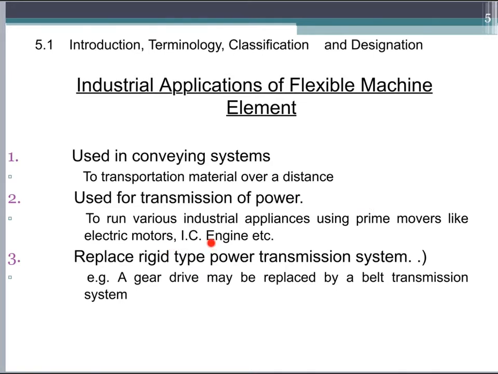Third, we can use flexible machine element to replace, improve, repair or modify a rigid type of power transmission. For example, a gear drive can be replaced by a belt transmission system, which is cheaper in terms of maintenance and simple, not complicated like the gear drive.